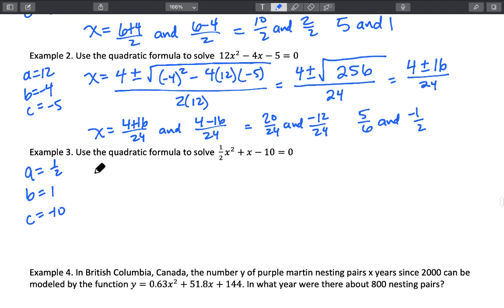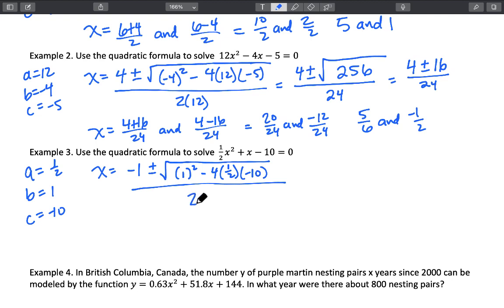All right, so plugging this into our quadratic formula, we're going to take the opposite of b, so that's -1 plus or minus the square root of 1 squared minus 4 times 1/2 times -10, all being divided by 2 times 1/2. Okay, well, 2 times 1/2 is really nice. That's just 1. So really, I'm just working with my numerator here. So I have -1 plus or minus the square root. Well, that's 1 squared.